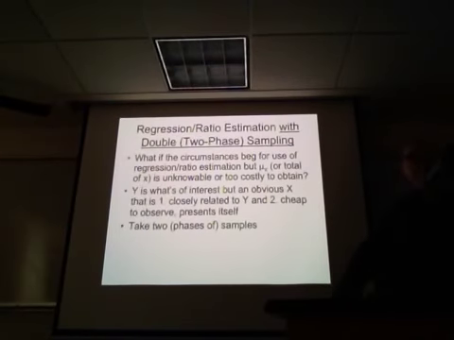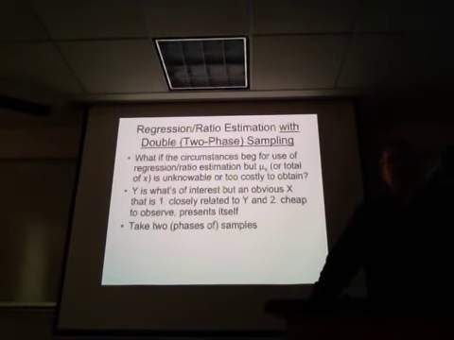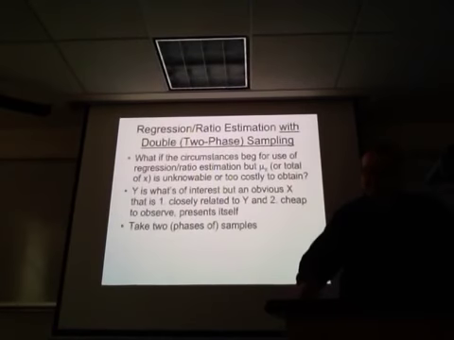Solution, instead of taking one sample, we'll take two samples, sort of. And so we changed the sampling plan. We're going to use the same estimators, either a regression or a ratio estimator, but we'll change our plan. We'll take two samples, sort of, and hence it's called double or two-phase sampling.